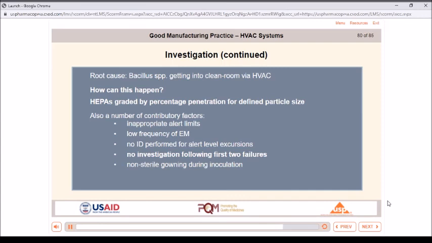There was no investigation performed for the first 2 batch failures. 5. Because the inoculation was not performed using sterile gowning and all of the controls associated with sterile gowning, there was an added risk that any contamination in the room could get into the inoculum.